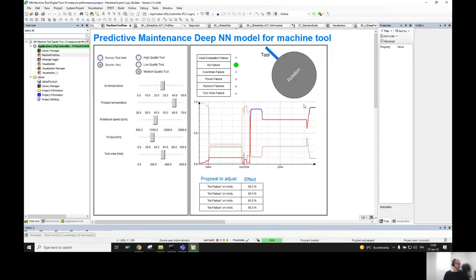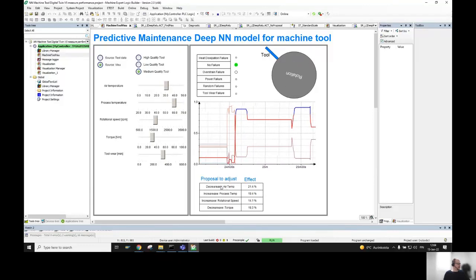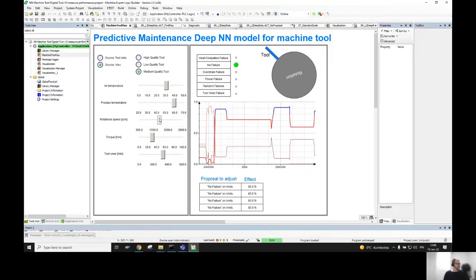Now I'm back in the right zone, so I have no proposals there. Let's start to increase air temperature. Then I have proposals on what I should do to get to no failure mode: for example, increase process temperature or increase rotational speed. Let's try to increase rotational speed. Yes, so I'm back in a kind of comfort zone.